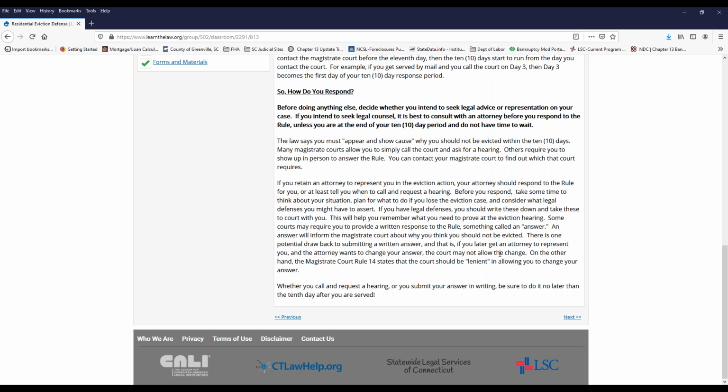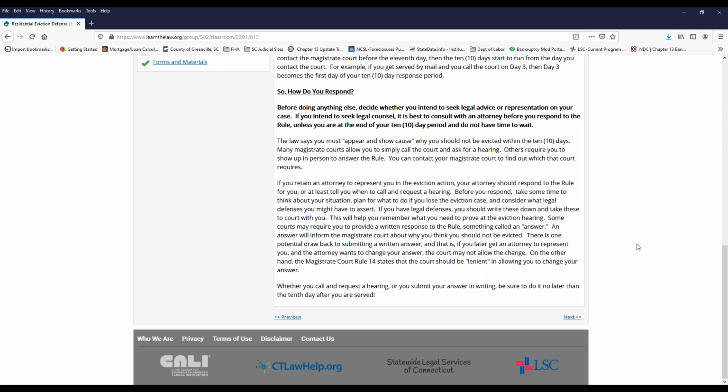So there's also a conversation about whether you should submit something in writing. An answer, which is a written response, is useful because it can inform the magistrate court about why you think you should not be evicted. However, there's a potential drawback to a written answer in that if you later get an attorney to represent you and that attorney wants to change your answer, the court may not allow the change.